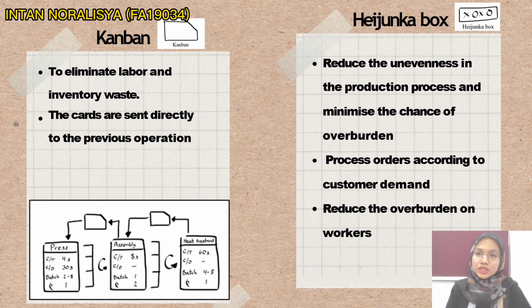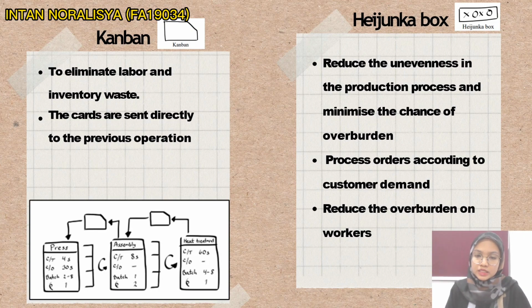So next, Heijunka box. The reason why the company should apply the Heijunka box before proceeding with the printing process is to reduce the unevenness in the production process and minimize the chance of overburden.